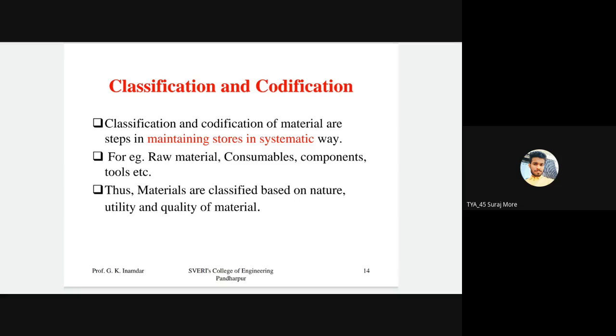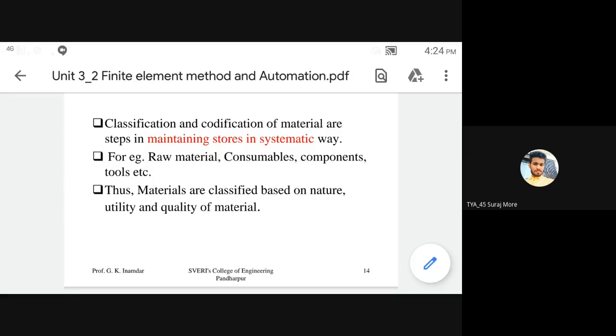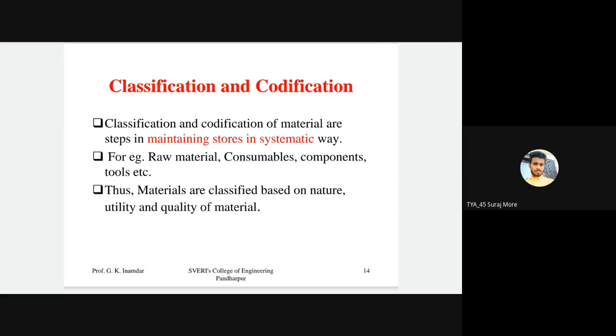What are the attributes? Raw material, and after machining, whatever raw material remains, scrap will be there. According to our requirement, classification will be there: different types of consumables, components, machineries, spare parts, and tools.